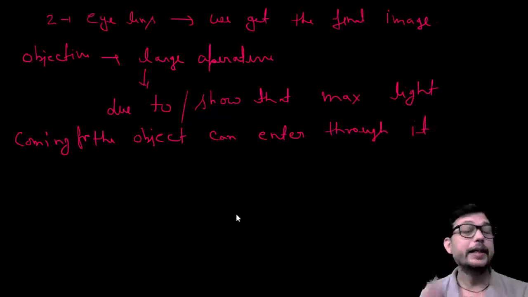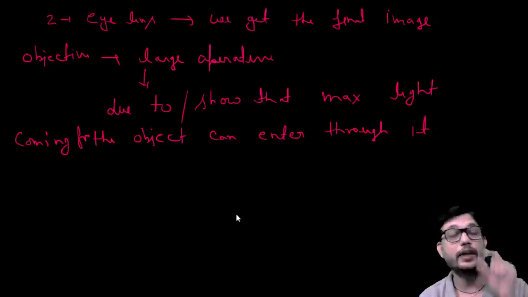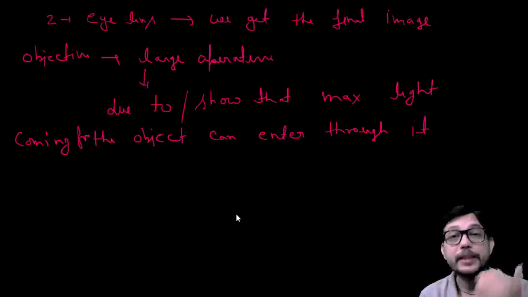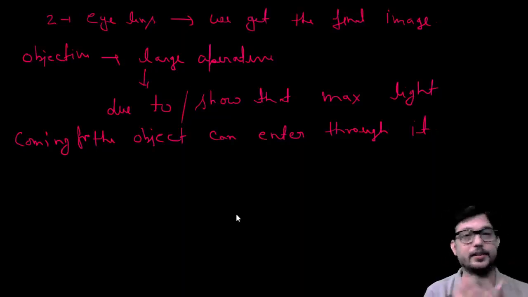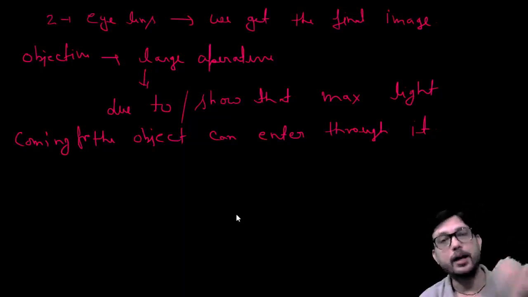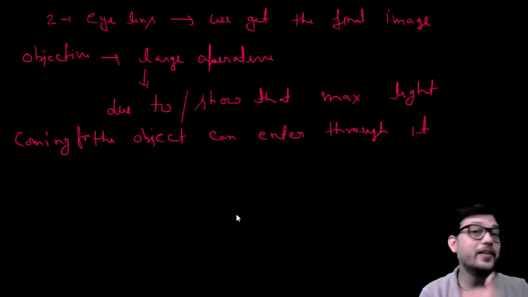If the aperture is small, the light coming from the object will be minimum. But if we keep the aperture large, the maximum light can pass through the objective lens.